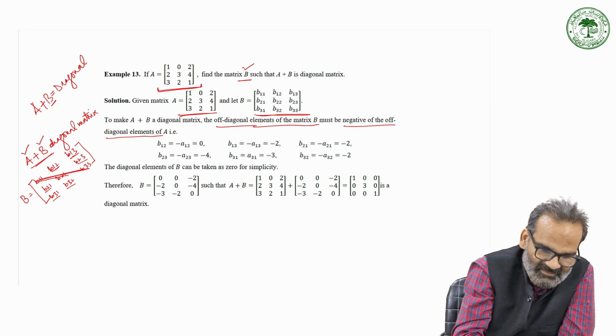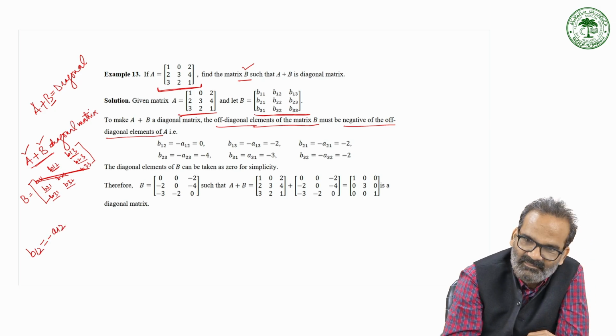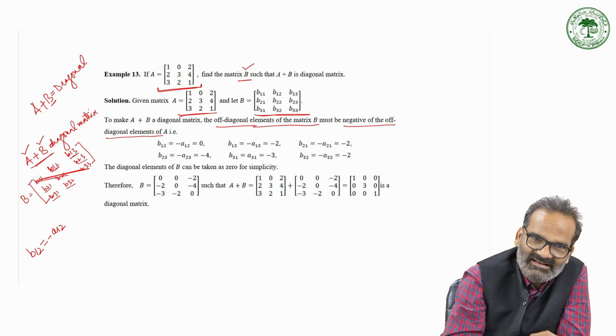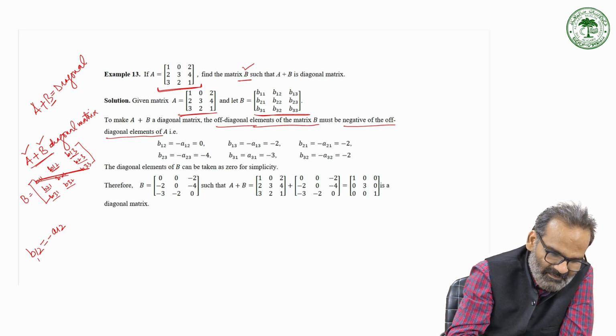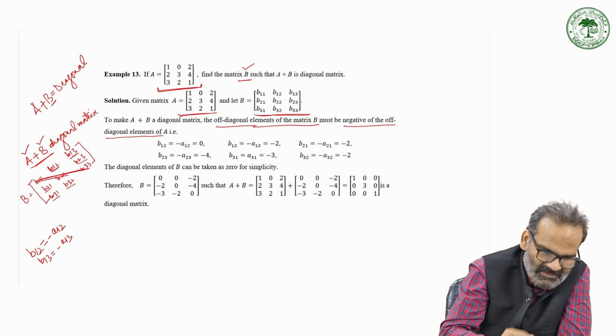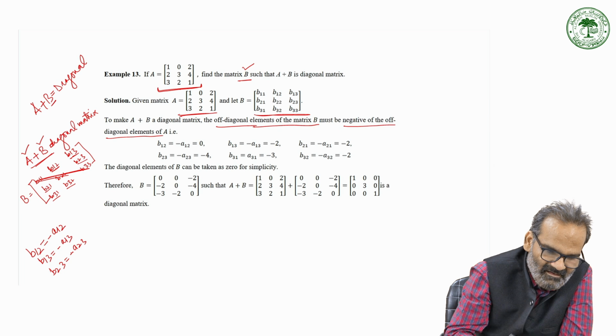See, what does it mean? Say I am taking B12. B12 should be equal to minus A12. B13 should be negative of A13. B23 should be negative of A23. What is left?